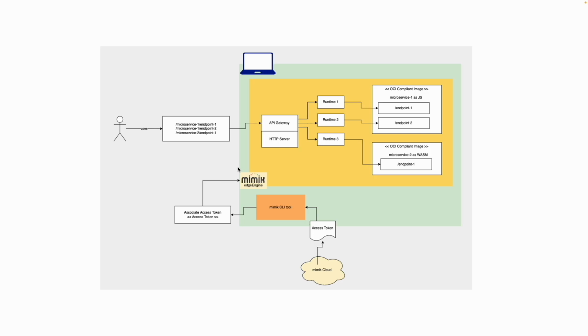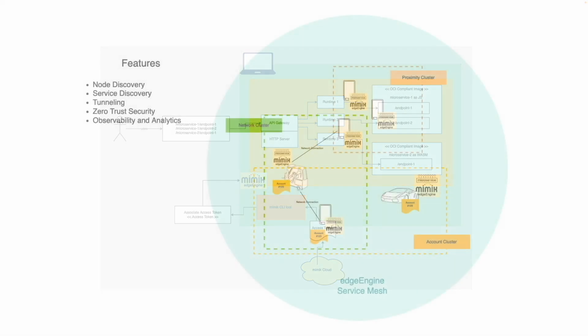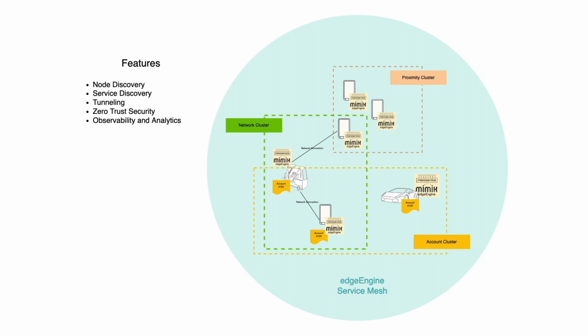So what is it you get when you get access to the mimik network services? Well, you get access to the edgeEngine service mesh. And the edgeEngine service mesh allows you to interact with the network in three different ways. One way is called a proximity cluster, which will give you access to other edgeEngine devices running in close proximity to you.